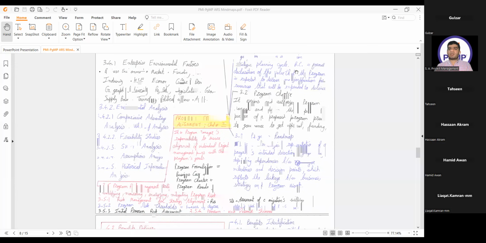Then the business case goes as an input to the program charter. What is a program charter? It assigns and authorizes a program manager and defines the scope and purpose of a proposed program, presented to governance to get approval and funding, etc. So the keyword of program charter was authorization. What else, Kanwan Sahab?